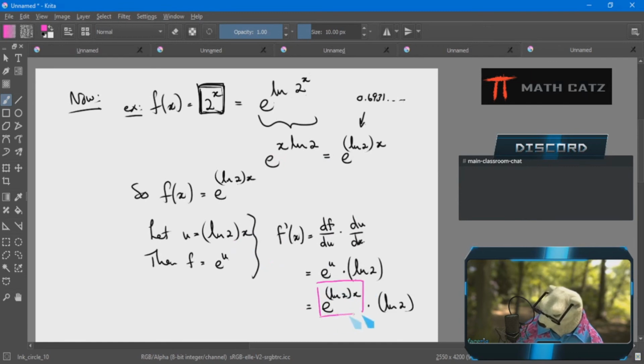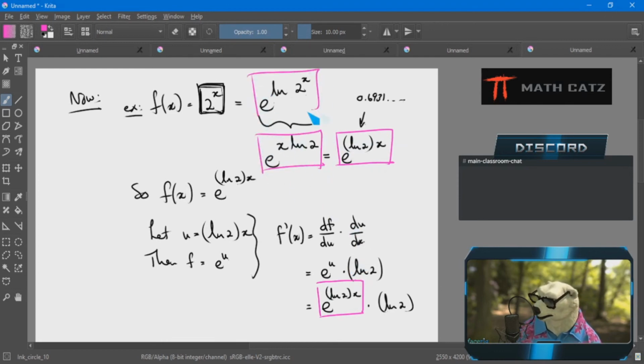This guy is exactly the same as this guy up here, which was the same as this guy, which was the same as this guy, which was the same as this guy. They're all equivalent. So by going backwards in the line that I started with, this in the pink box is the same as 2 to the x.